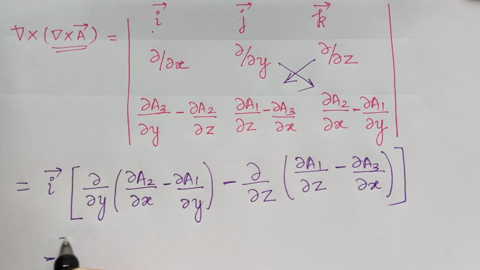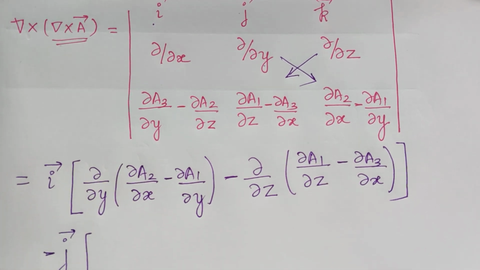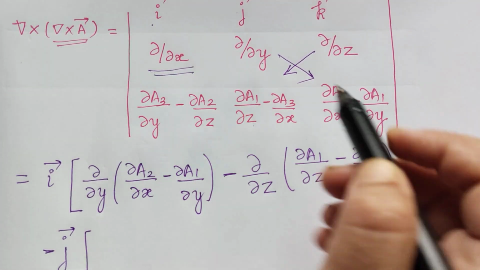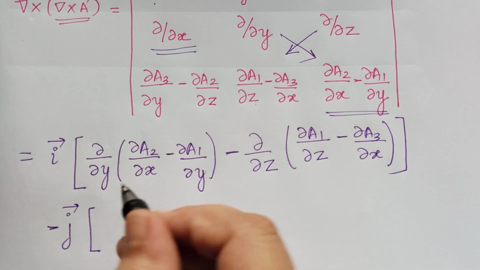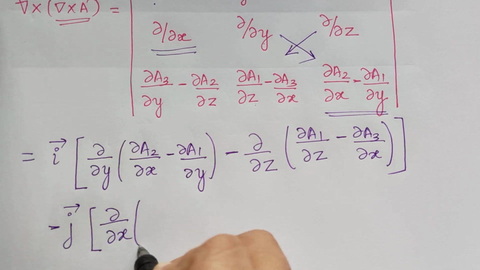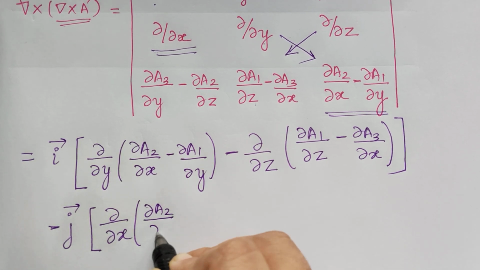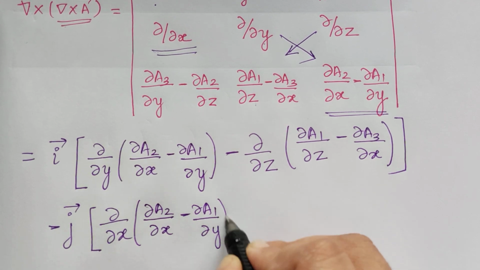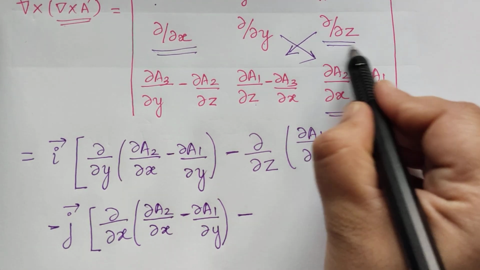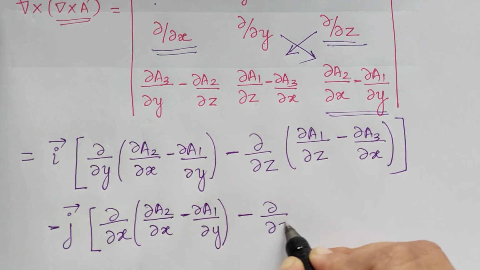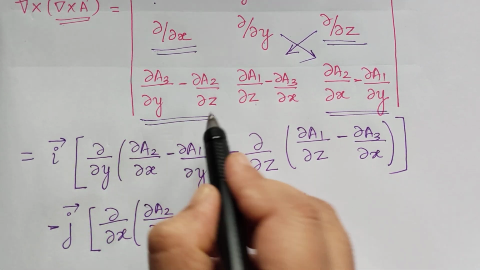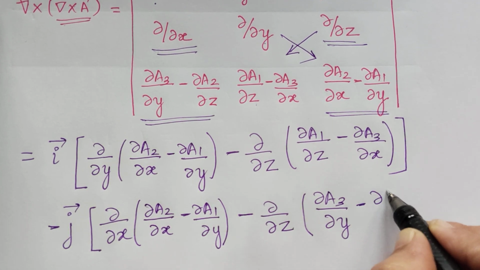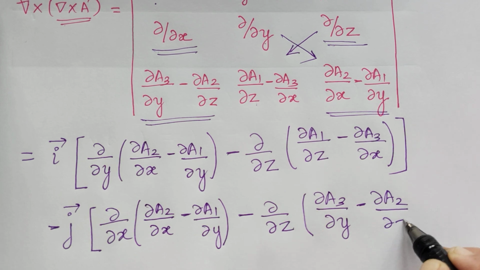So minus j vector multiplied with, so we have to block this row and this column. So it will be dou by dou x of dou a2 by dou x minus dou a1 by dou y, then minus dou by dou z of dou a3 by dou y minus dou a2 by dou z.